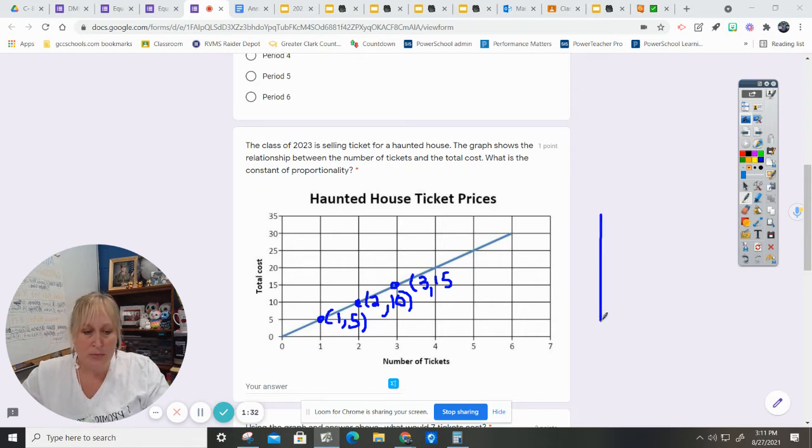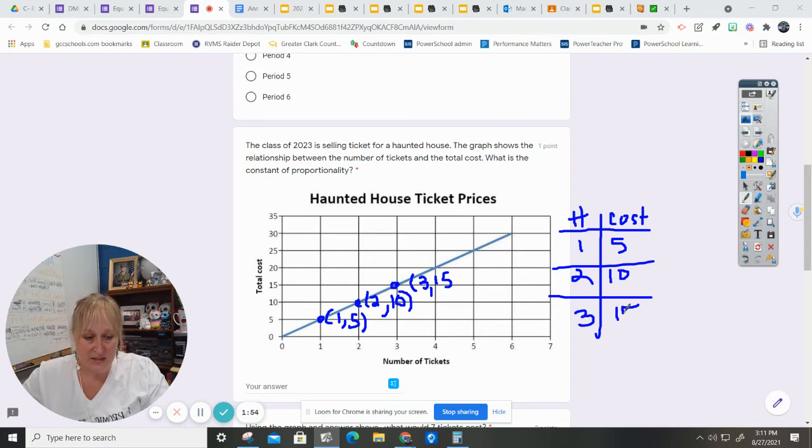I'm noticing a pattern, but just in case you're not, I am going to go ahead and make that table. So total cost is over here, and the number of tickets is here. So we have 1, 5, 2, 10, nice, and 3, 15.